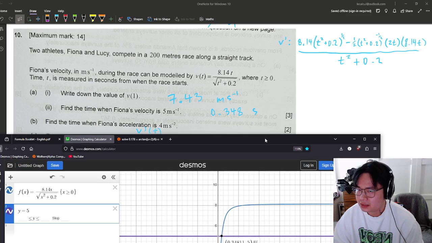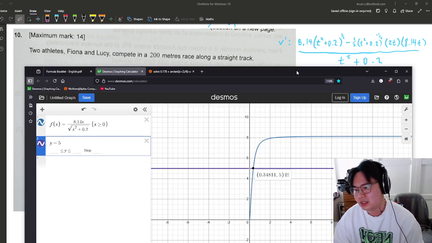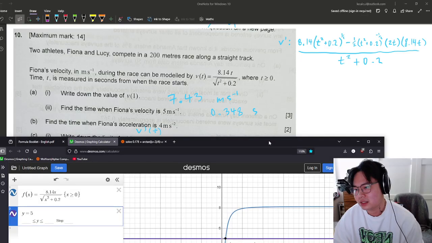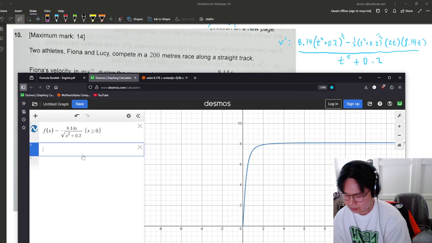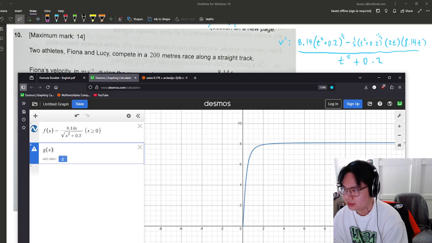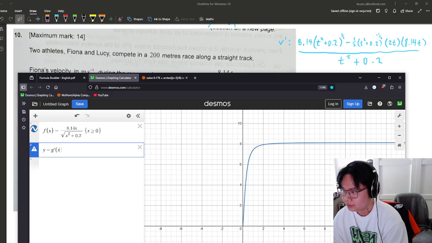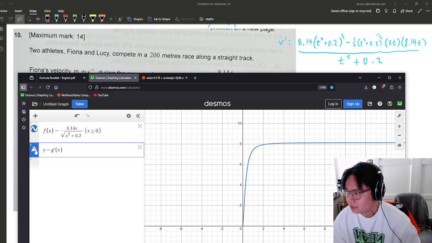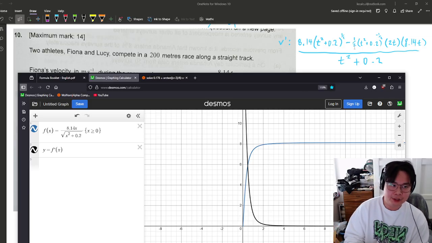2 marks? Is there an easier way to do this? Okay. I have no idea. Okay. Oops. F. Okay, so this thing, you would graph it.